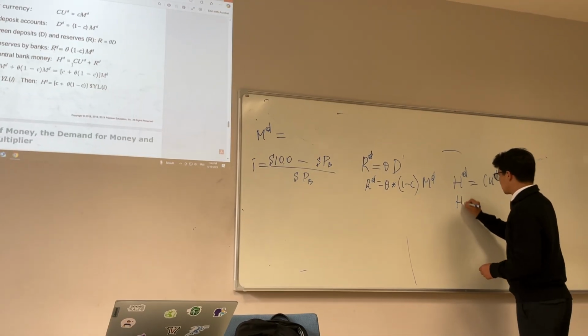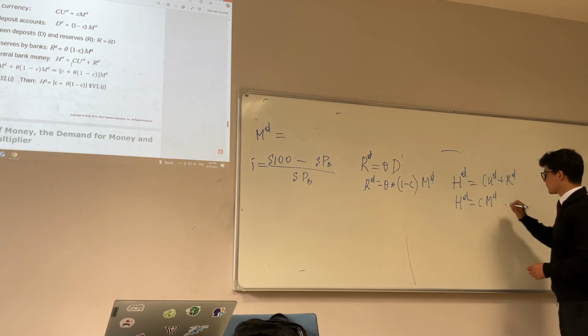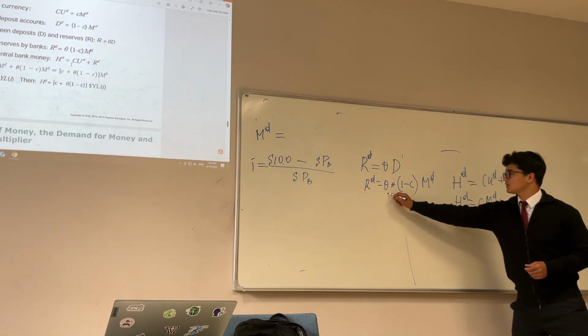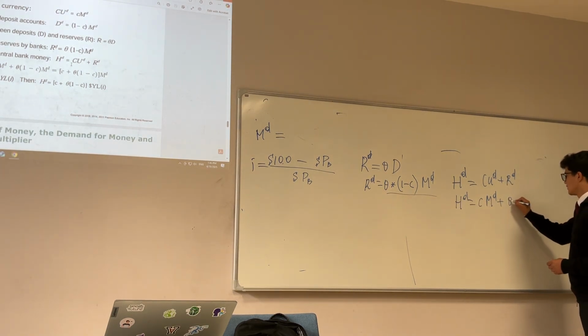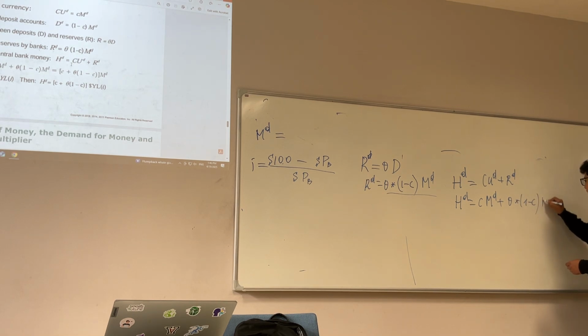So HD equals C MD plus what was our RD equal to? This thing. Theta 1 minus C MD.